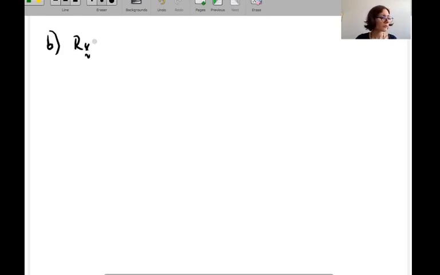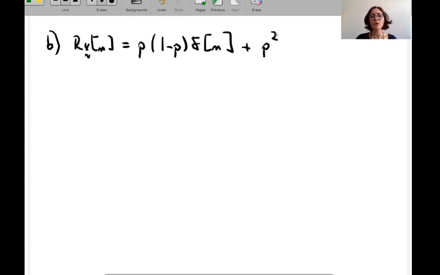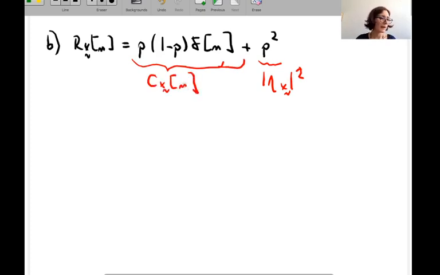So Rx of m, I'll just write down the expression: p(1 − p) delta of m plus p squared. Just recognizing these different terms as we just saw, this is going to be the DC term, corresponding to eta x squared. And this is, if we might call it, the AC term, Cx of m.